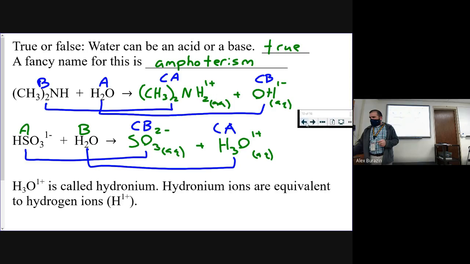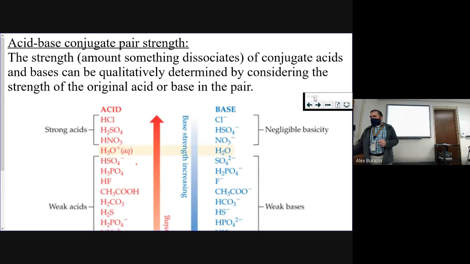Okay. Let's sprinkle in some fun. Acid-base conjugate pair strength. Okay, here's where this is leading to. When you have a pair, an acid and its conjugate base, or a base and its conjugate acid, they are opposite on the strength scale.